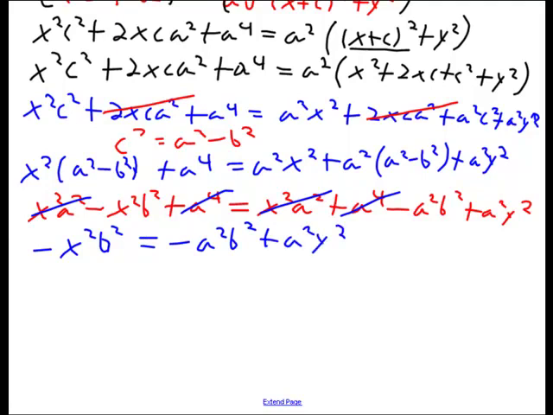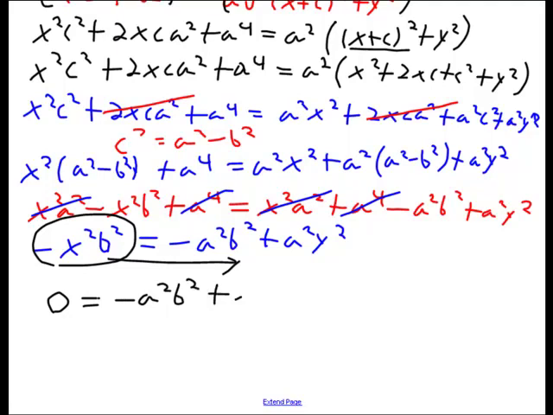Now we're almost home. So if we take this term and add it to that side, we'll get 0 equal to negative a squared b squared plus x squared b squared plus a squared y squared.